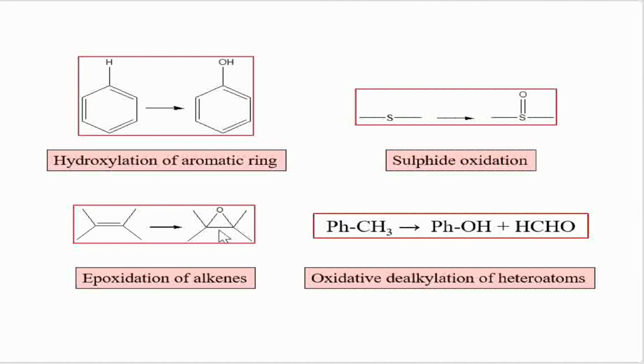Epoxidation of alkenes can also be helpful in the conversion of insoluble, harmful material to soluble materials. Again, in this case, the sulfur gets oxidized. So this is sulfide oxidation, while this is the case where oxidative dealkylation of heteroatoms takes place. So these are the different reactions.